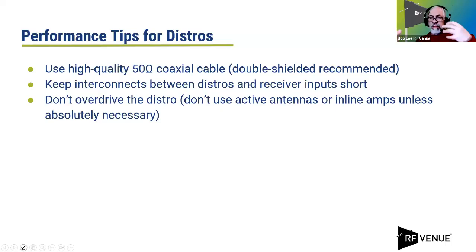Sometimes I talk to people who just think more amplification is better, so they amplify the snot out of the RF signals, and then they create more problems than they've solved. So be very judicious about any active circuitry that's upstream from the distros.